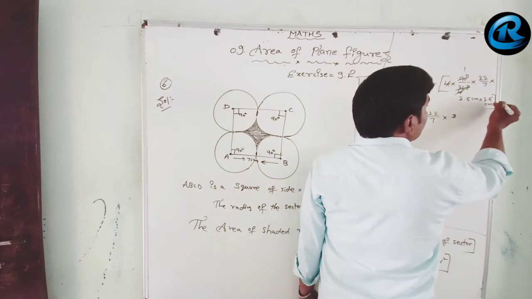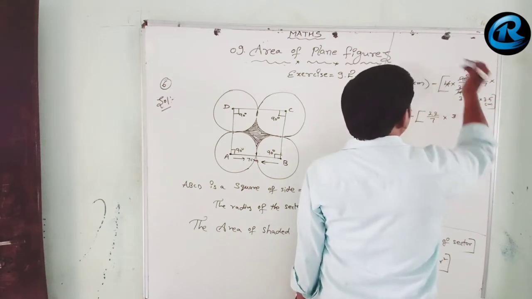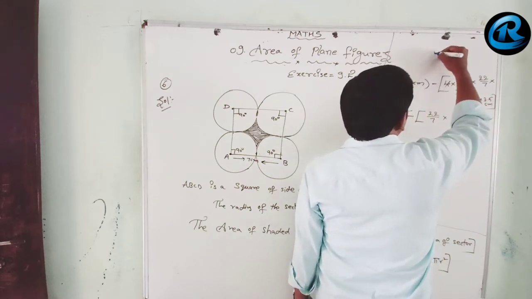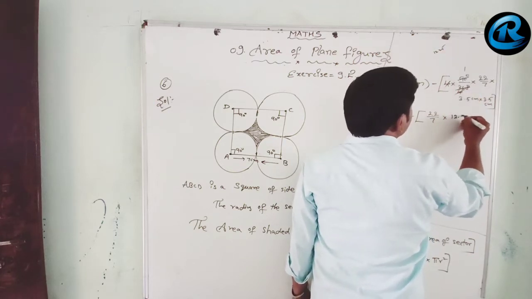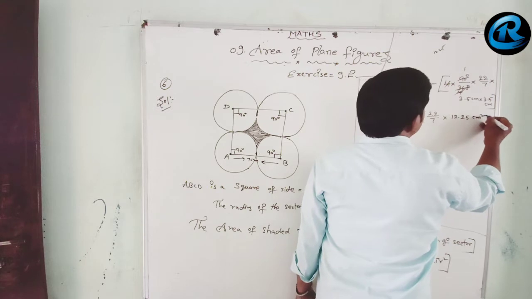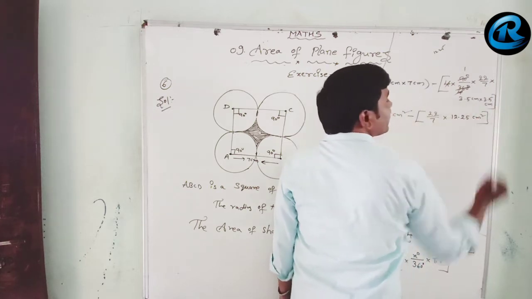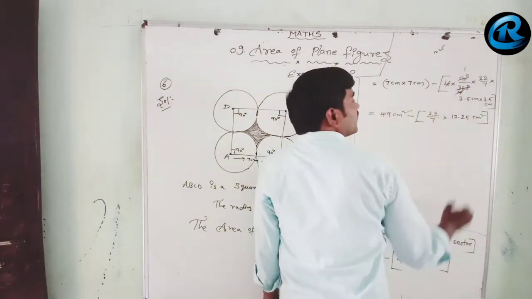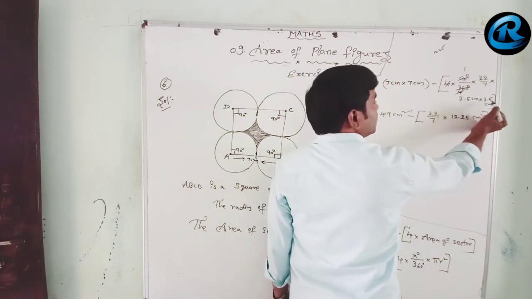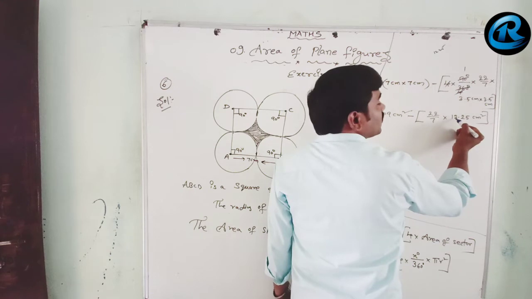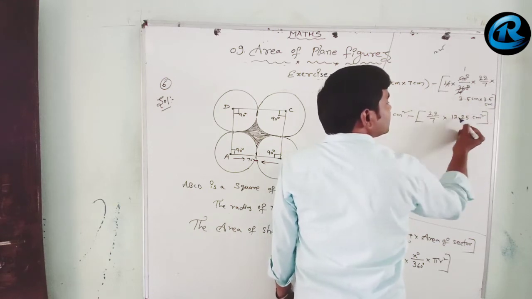When you multiply 3.5 into 3.5, you will get 12.25 centimeter square. 35 square is 1225. 35 into 35 gives 1225. But 2 decimal digits are there, no?